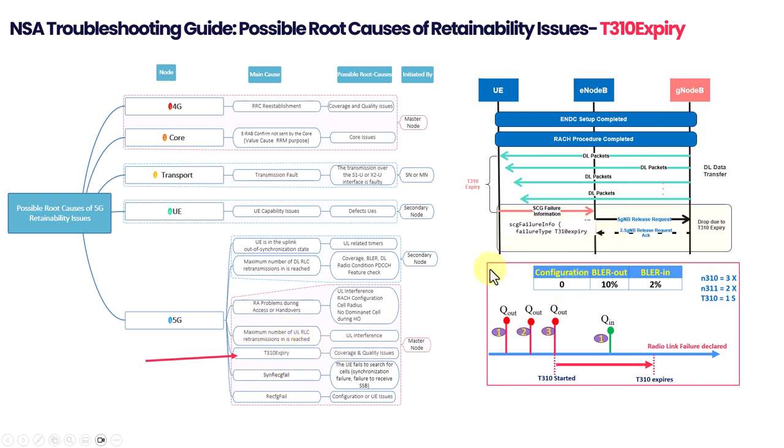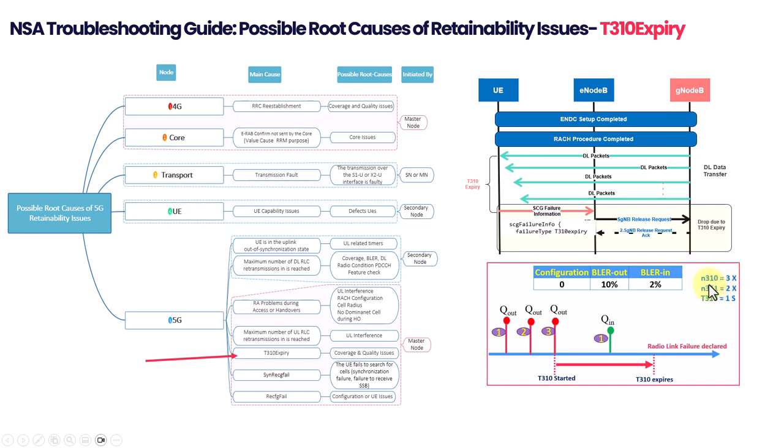But simply, for example, downlink packets are being sent from the gNB to the UE, and somehow the user couldn't decode the PDCCH channel for that part, or had high BLER, and was not able to decode this kind of information. So in this case, what will happen? There will be an out of sync, and we have a timer called T310, and another counter called N310.